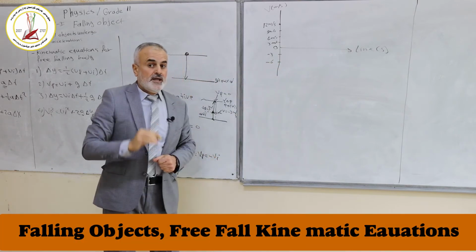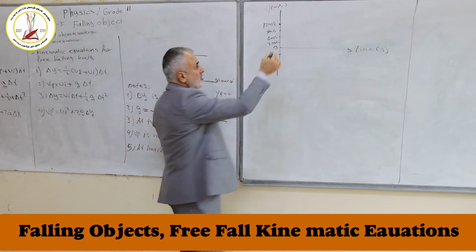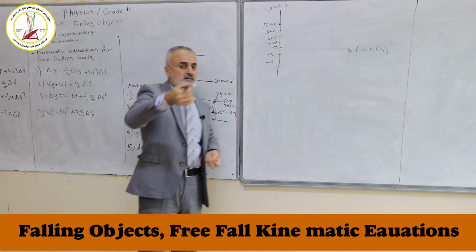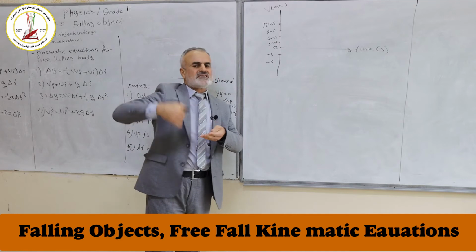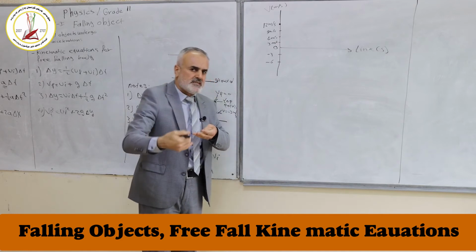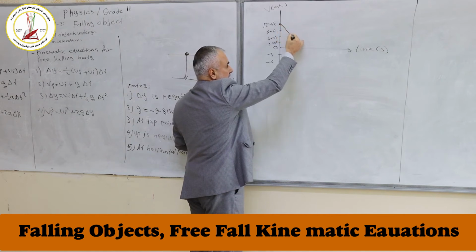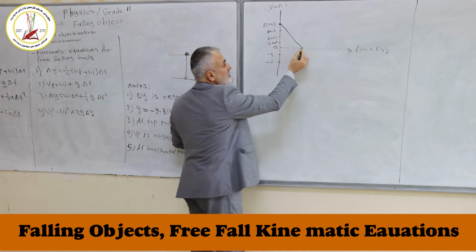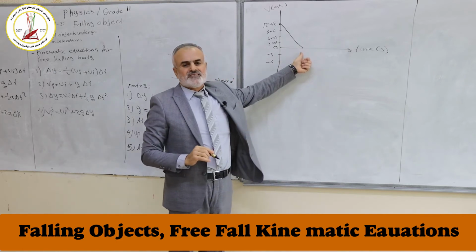Okay, student. Now, when the object is ejected upward, its initial velocity is 12 meters per second, and the velocity decreases gradually, step by step. So you have this line gradually until it reaches 0. Here, student, who can tell me what this point is?